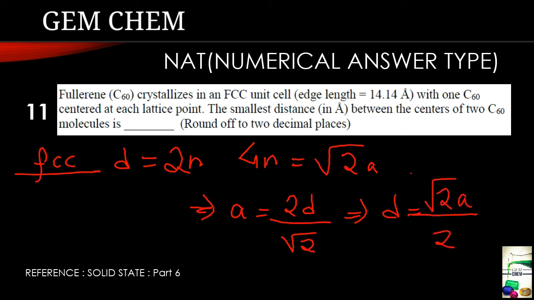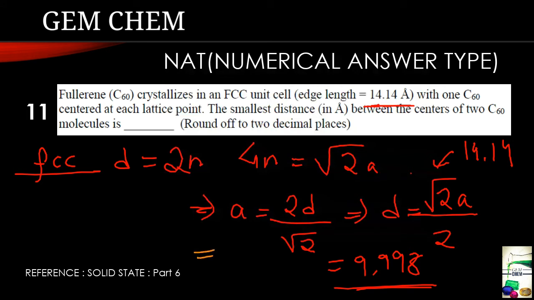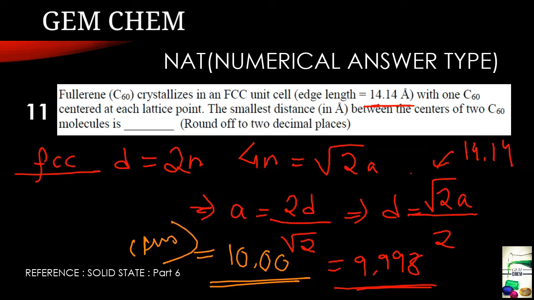Here we just substitute the value of a, which is given as 14.14 angstrom, and we get the value to be near about 9.998. But since it is told to round off to 2 decimal places, we can write the value as 10.00, and this is our answer.